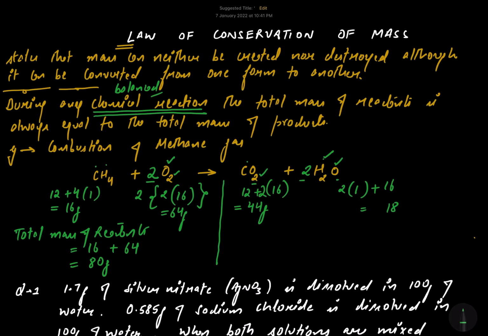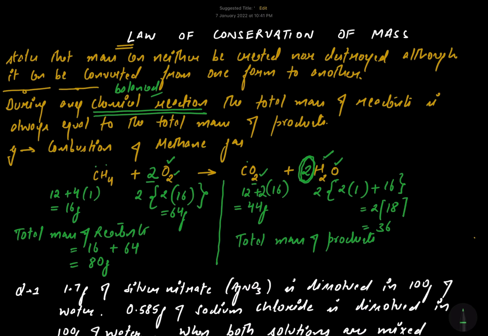But again, here water is 2 molecules. So we have to multiply the whole term with 2. It comes out to be 2 into 18, 18 times 2 is 36. So now I am calculating the total mass of products.